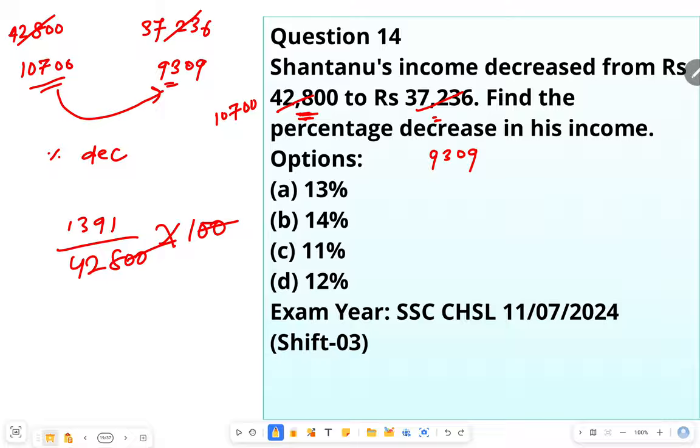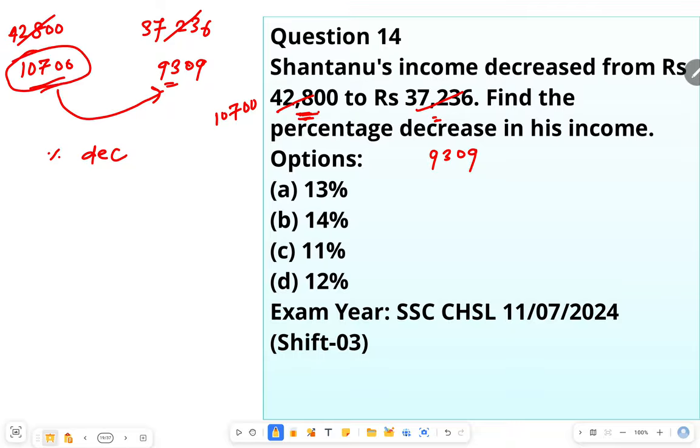Sorry, now we have taken the percentage form. We have nothing to do with that number. We need to compare this, because we have subtracted this number from this number, so the result we got is 1391.